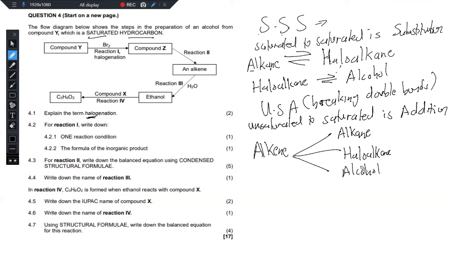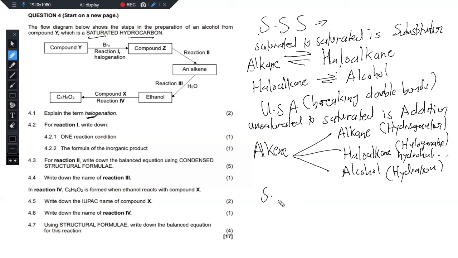If you are breaking the double bond of an alkene and you have a single bond alkane, haloalkane or alcohol, that's an addition reaction. If you are going to an alkane, it is a hydrogenation reaction. If you are going to a haloalkane, it is a halogenation reaction, or sometimes a hydrohalogenation reaction. And if you are going to an alcohol, it is a hydration reaction. It's very easy to remember those.